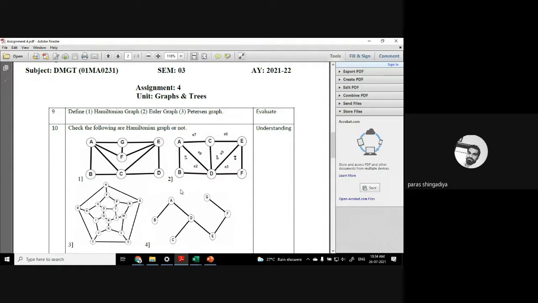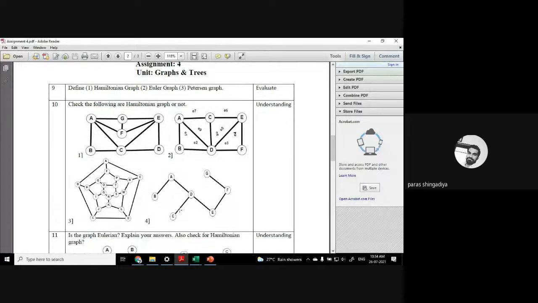And now the last one, is it not Hamiltonian? Because we cannot create a Hamiltonian cycle. Okay, you just check it, B, A, D, E, F, G. That is not a Hamiltonian cycle. Okay, as well as we cannot create the Hamiltonian path either. Clear?